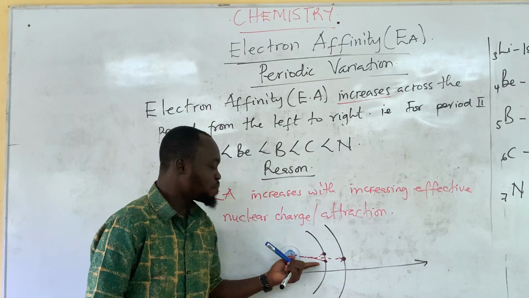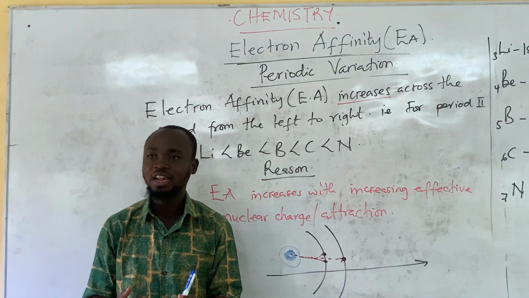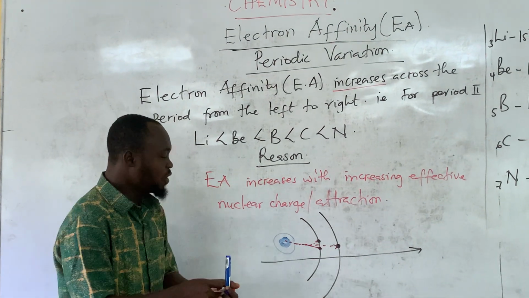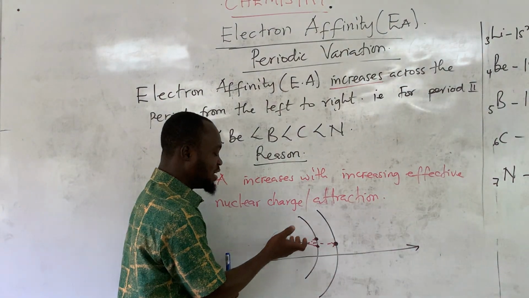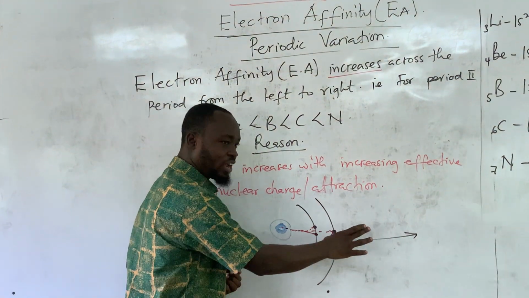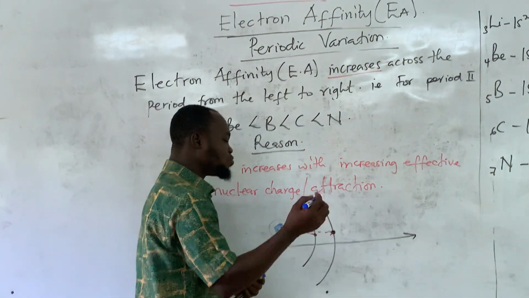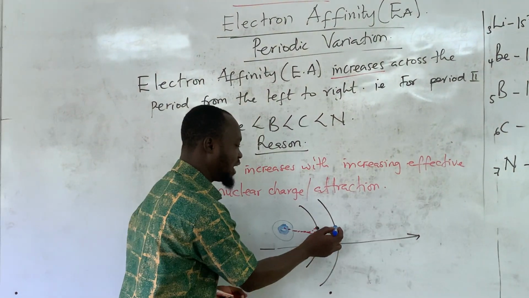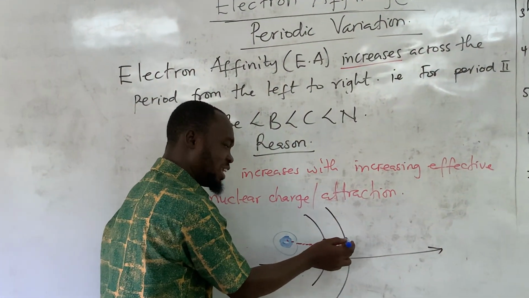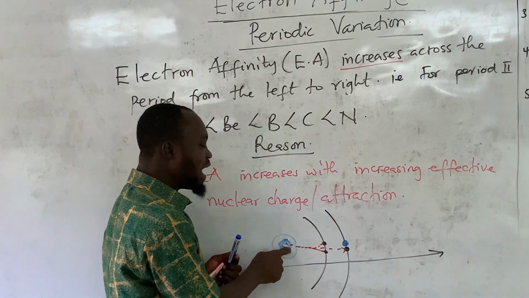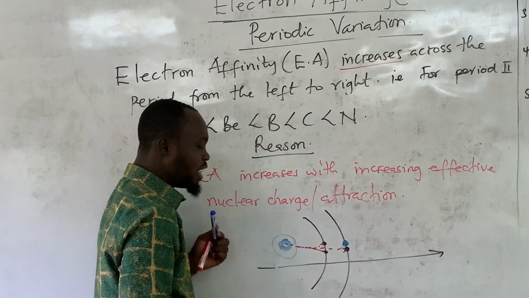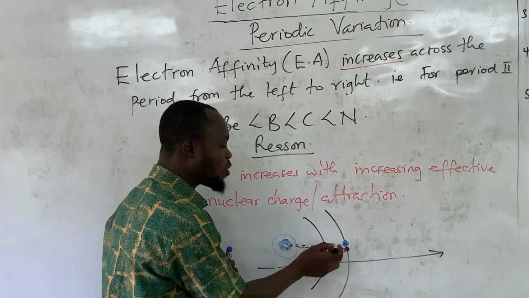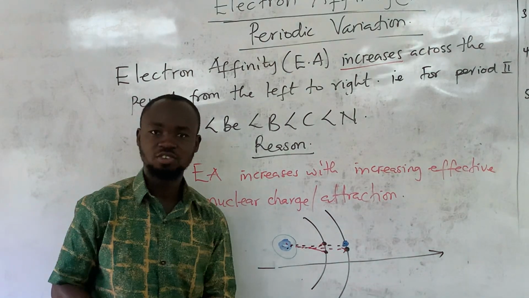This is explained as effective nuclear attraction, which is increased across the period. So if I want to add an additional electron, that is, I have high affinity for an electron, once I add this electron, since there's a high attraction taking place here, this added electron can be accommodated in this atom's shell.